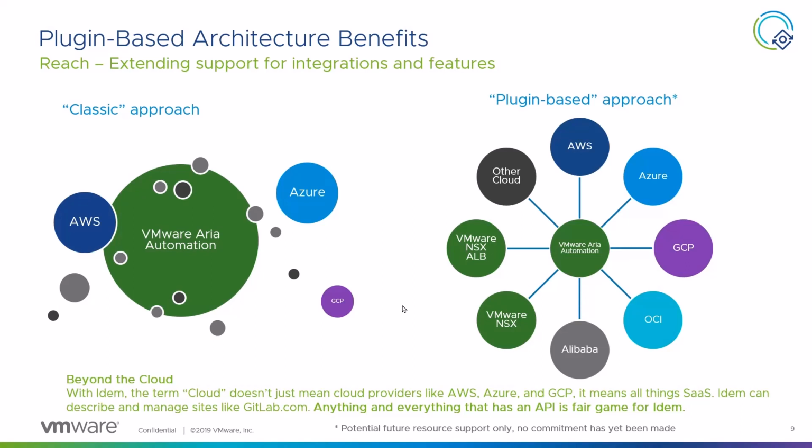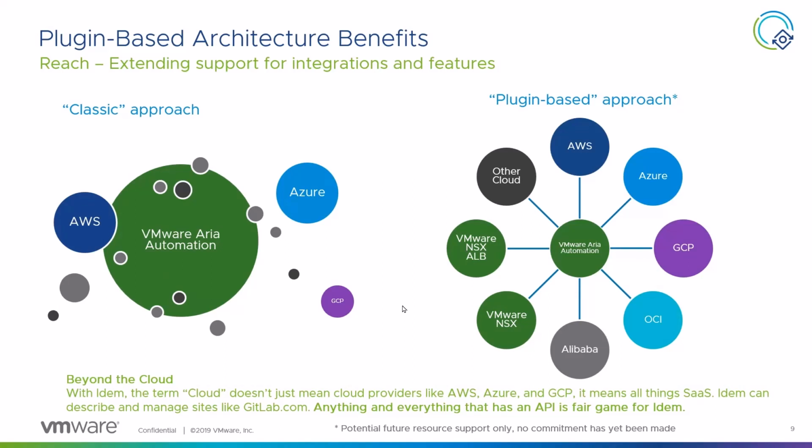So today we have integration with AWS that was introduced in 8.12, and we have GCP. Both of these plugins are already supported in Aria Automation. And in the November release, we'll be introducing Azure support, so we can support Azure VM, Azure Disk, Azure Network, Azure SQL, and Azure Service Account.